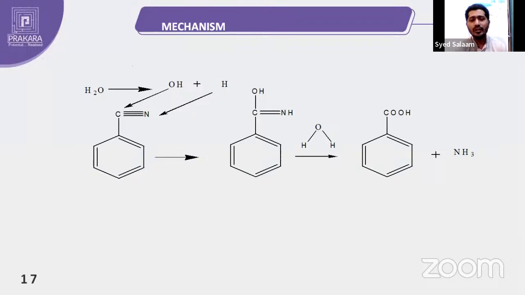Here the OH minus ion of the water attacks the carbon and gives an intermediate, which further reacts with water to give the final benzoic acid, replacing the nitrogen with the oxygen of the water. So initially the hydroxyl ion and proton are responsible for an addition reaction, and after the addition, cleavage by hydrolysis happens to give us the benzoic acid.